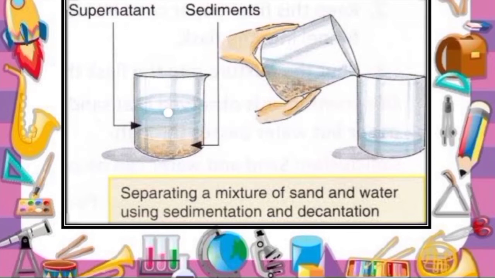This process in which insoluble substances settle down is called sedimentation. Then the upper clear liquid is poured into another container without disturbing the insoluble solids. This process is called decantation.